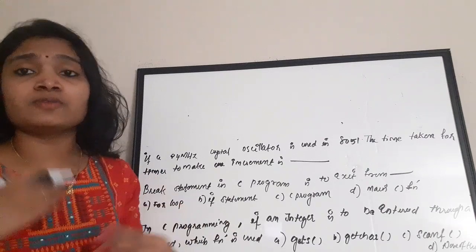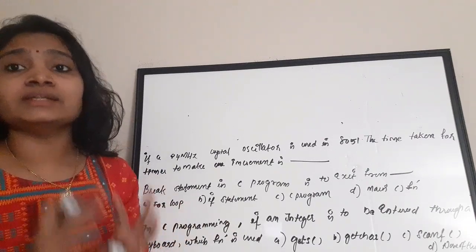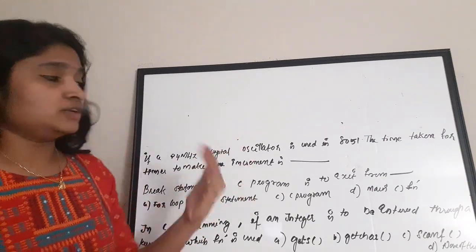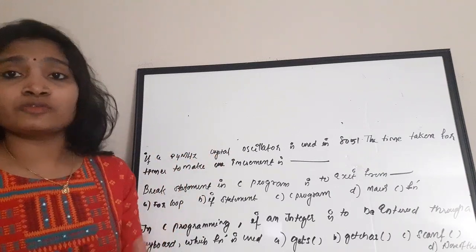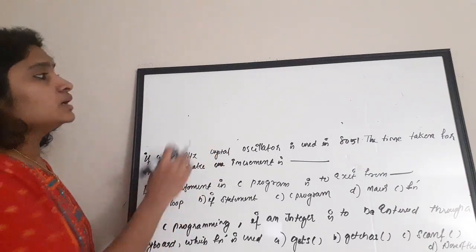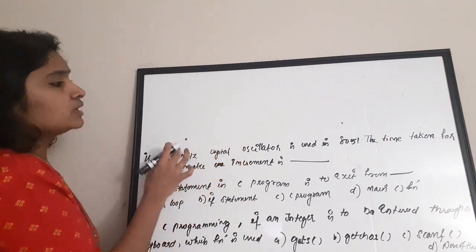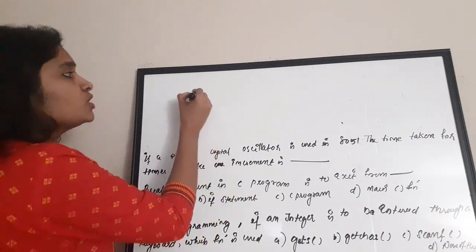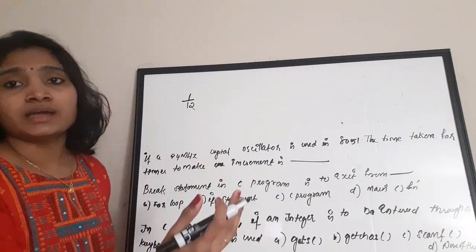In order to make one increment, it should increase by one period, so we need to find the time period of this 8051. The data given in the question is the frequency of the crystal oscillator. The general equation is that 1 by 12th of the oscillator frequency will be given to the 8051.